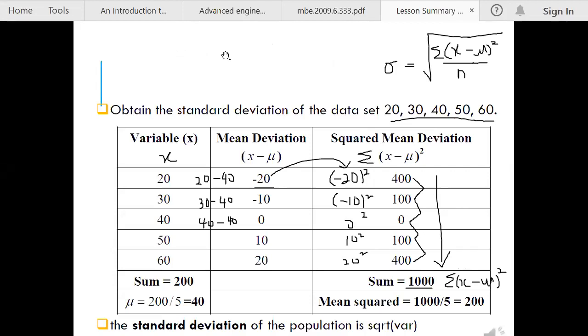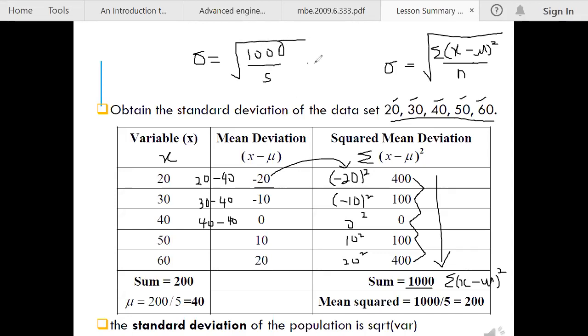So sigma is equal to the square root of the sum of square deviates, which is 1000, over our n. The n is the number of observations. We had 1, 2, 3, 4, 5, so 5.